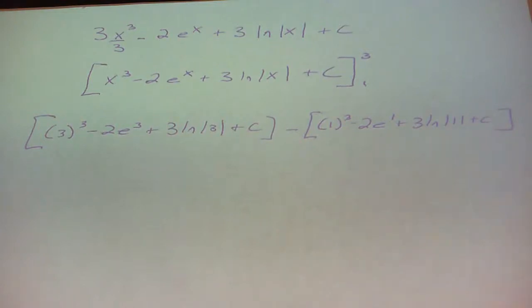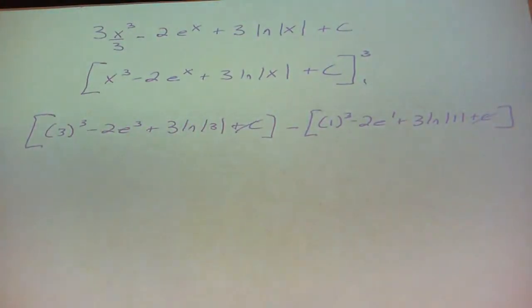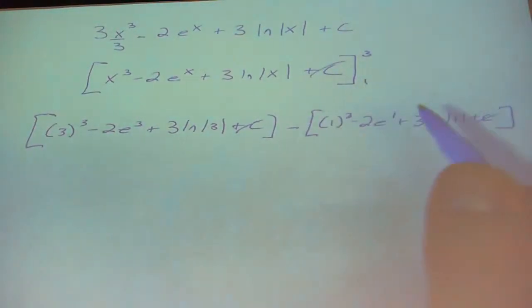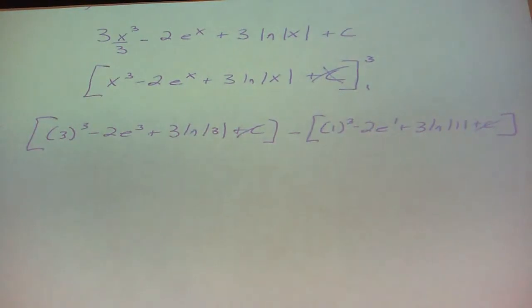So from now on, when there's numbers, I won't put the C. If the numbers weren't there, you still always have to have a plus C. But only when there's numbers, you don't need the plus C because we know what will happen.